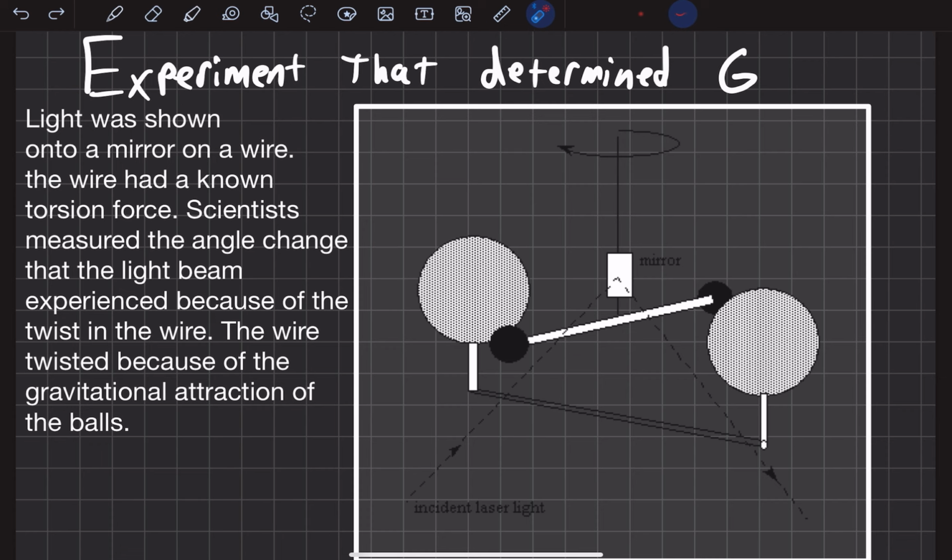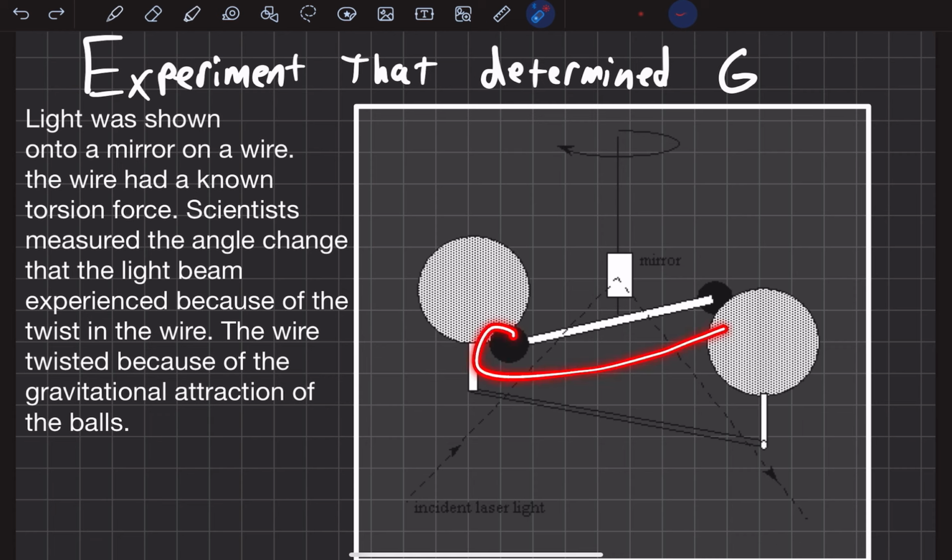How they did this was they took a rod with two balls and suspended it on a wire. And then on that wire, they put a mirror. Now, this wire can twist, and they knew exactly how much force was required to twist it a certain number of degrees.